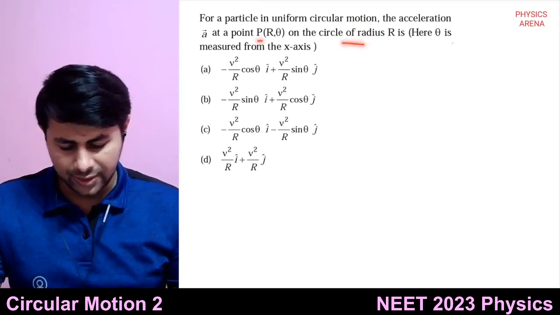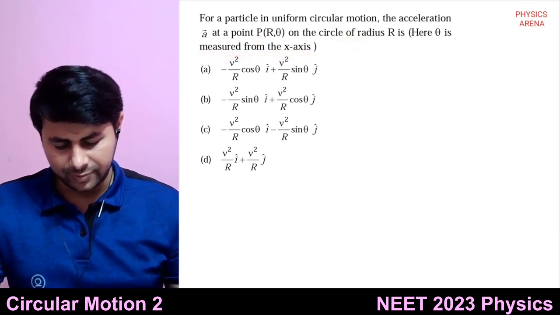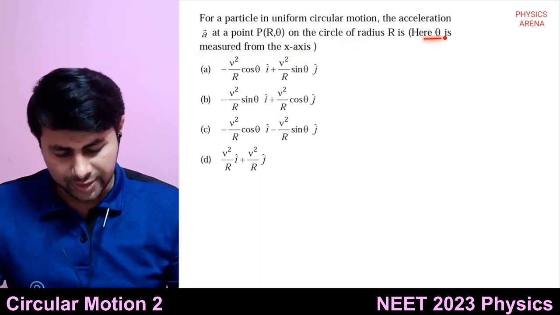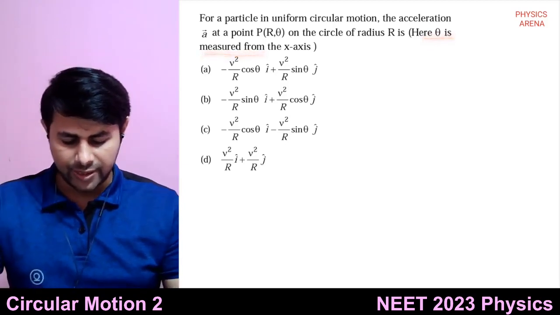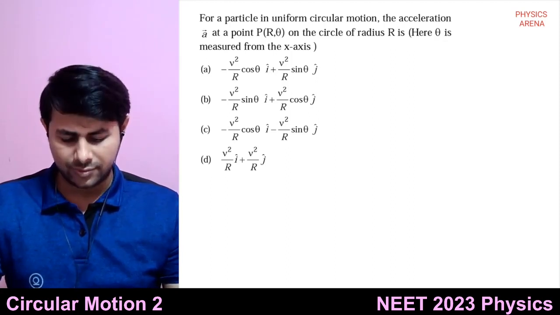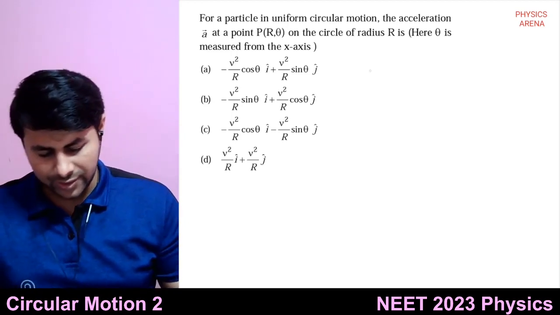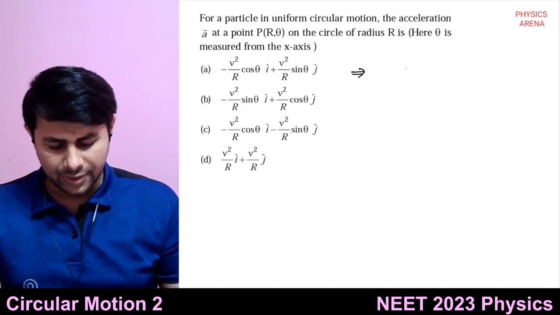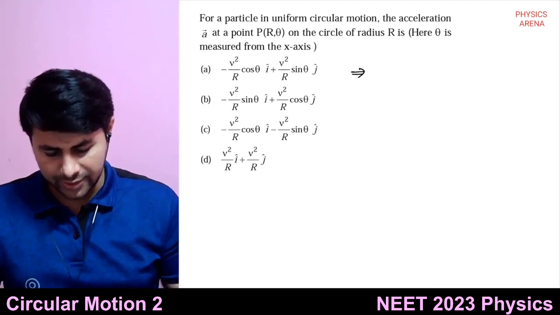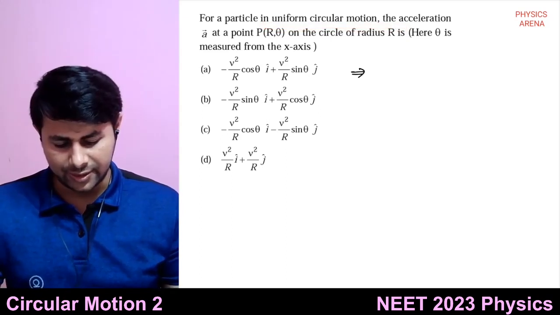Okay, for a particle in uniform circular motion, the acceleration a at a point P on a circle of radius r is, tell me, here theta is measured from the x-axis. What will be the answer? Since it is performing uniform circular motion, the acceleration will be the centripetal acceleration.